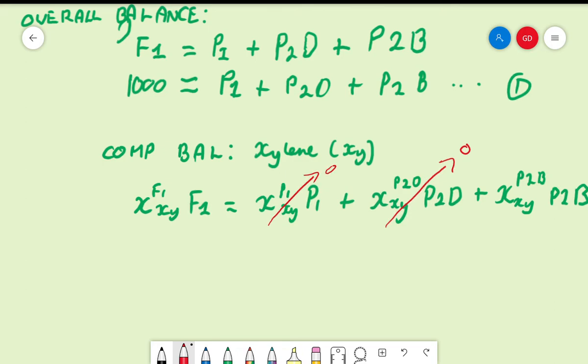So now our equation simplifies to xylene in F1 multiplied by the total F1 stream is equivalent to xylene in P2B multiplied by P2B.